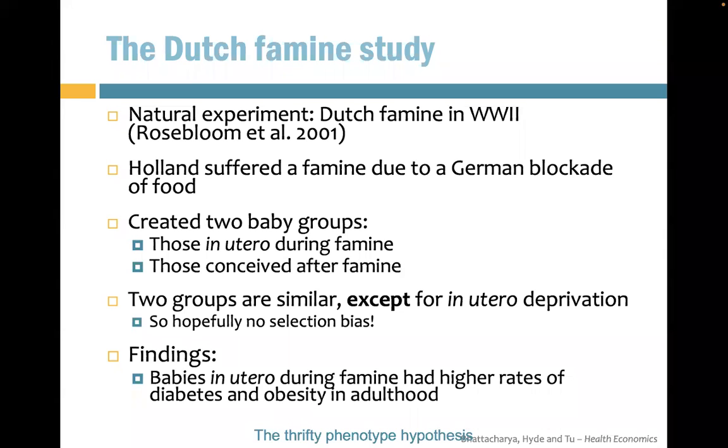Hopefully there is no selection bias, because when the famine happened, if a mother was already pregnant, she could not manipulate around it. The babies in utero during the famine have higher rates of diabetes and obesity in adulthood. So if we believe this is a study without selection bias, then this is good evidence in support of the Thrifty phenotype hypothesis.